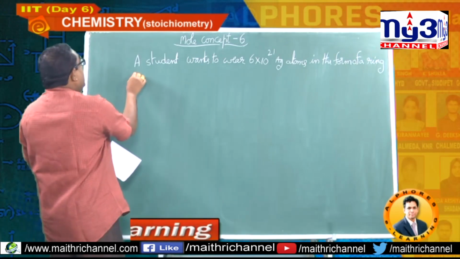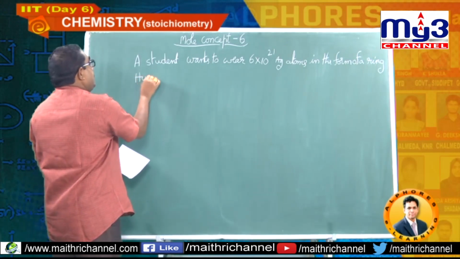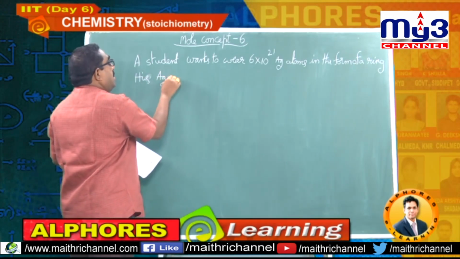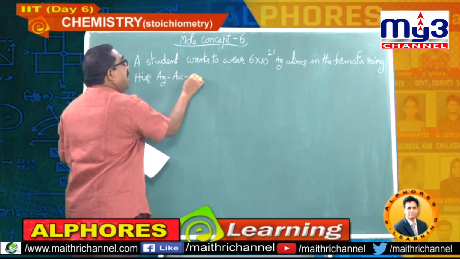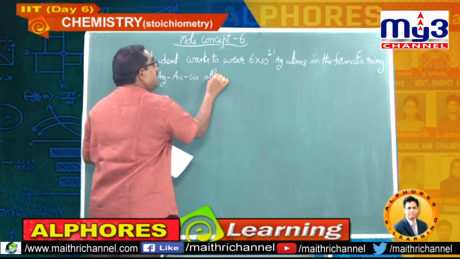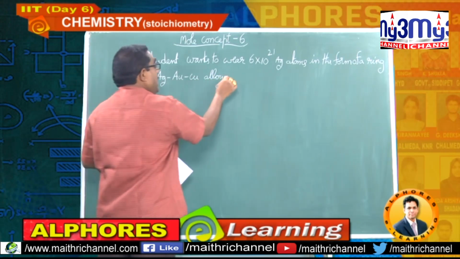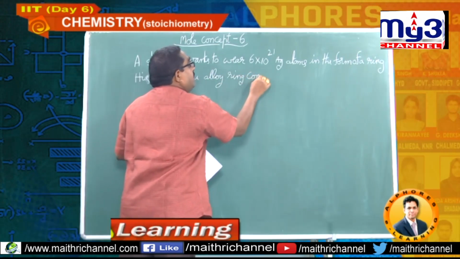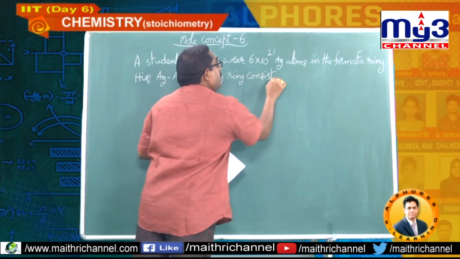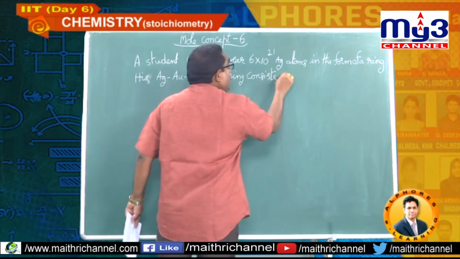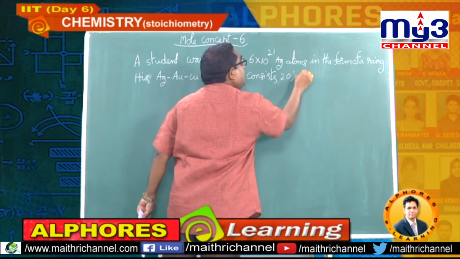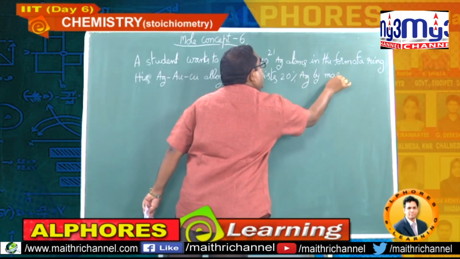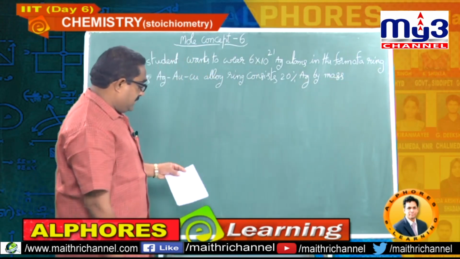Write down. His silver, gold, copper alloy ring consists of 20% silver by mass.